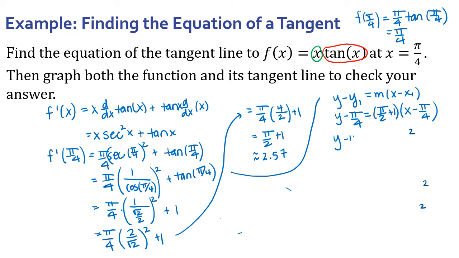So I get y minus pi over 4 equals, I'm going to actually distribute this all through, so I'm going to get pi over 2 x minus pi over 8 plus x minus pi over 4.